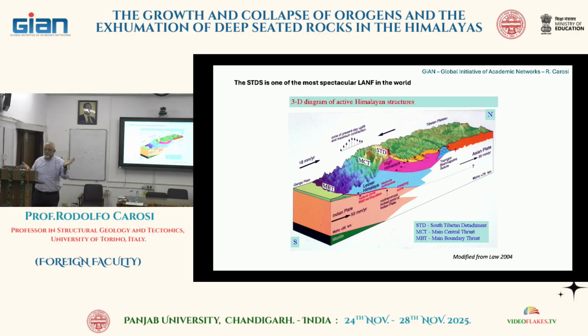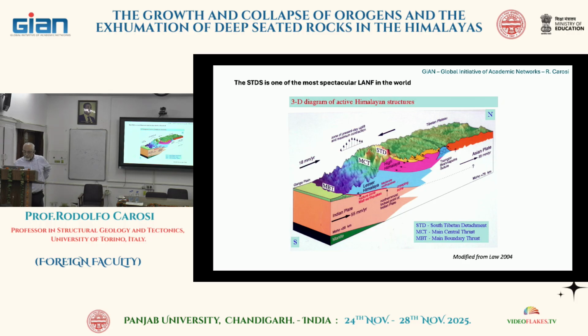It is a good explanation, but it is not good for the South Tibetan detachment, because it is quite flat, and it is flat all along the belt for more than 2,000 kilometers. So we cannot imagine a rotation of all the belt from steep attitude to flat attitude.